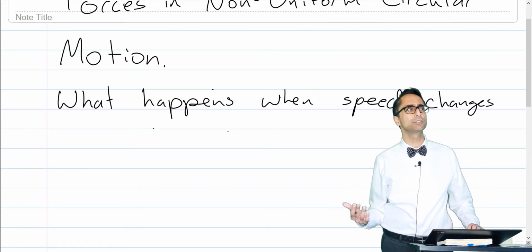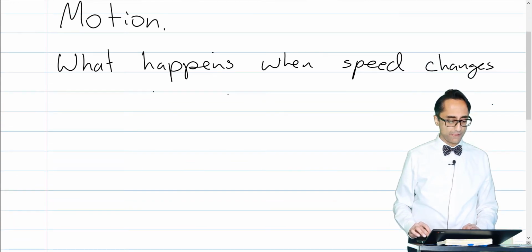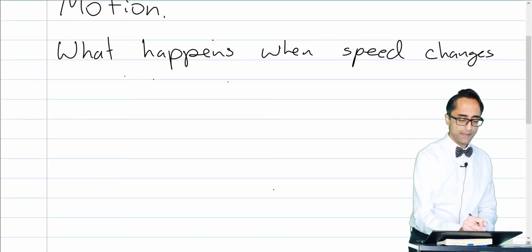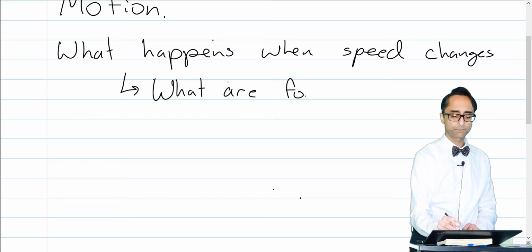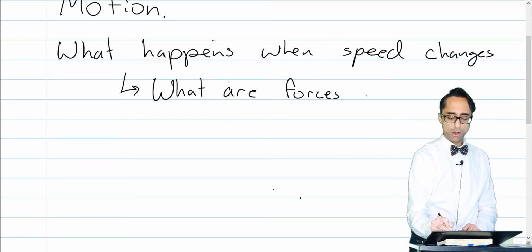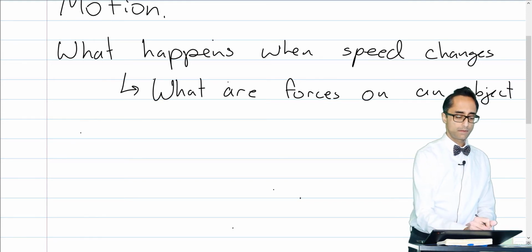Usually we say acceleration is just equal to centripetal acceleration, but now we're going to have an acceleration that has to do with speeding up and slowing down as well. Let's not go that far yet. Let's start by asking ourselves, what are the forces on an object traveling around a vertical circle?